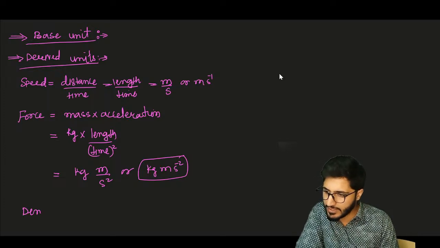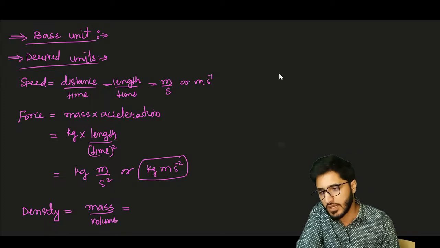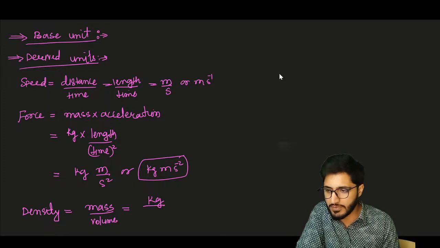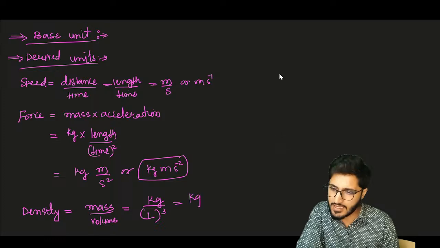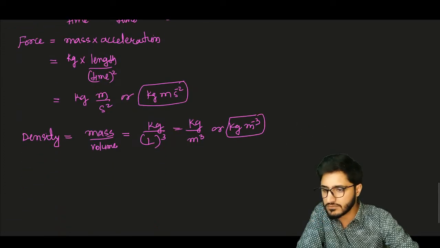One more, density. Density equals mass by volume. Mass is kg and volume is length cube. So I can write it as kg per meter cube or kg m minus 3. Clear?